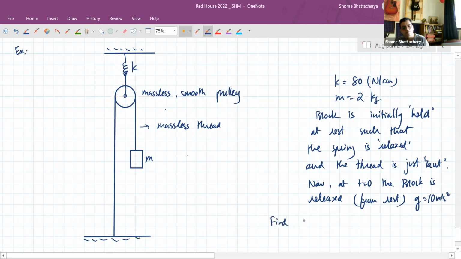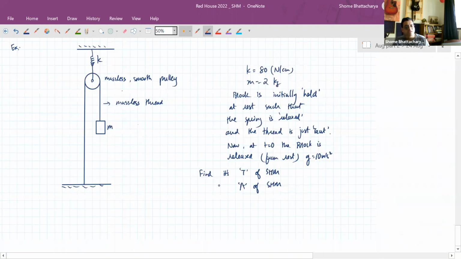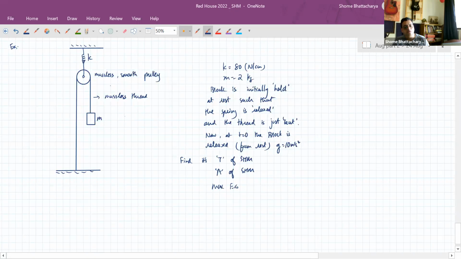Find its time period of SHM, amplitude of SHM, the maximum extension of the spring, and x as a function of time, where x is the extension of the spring.